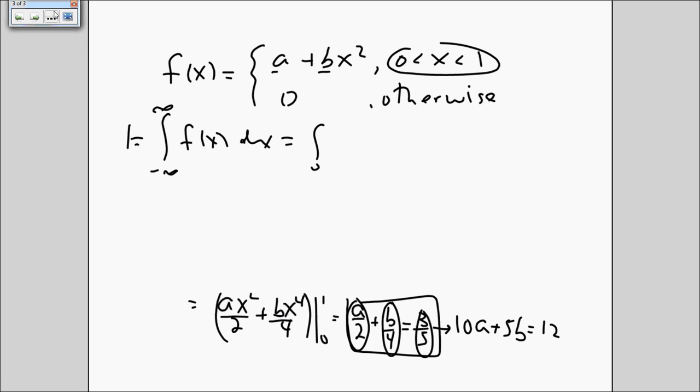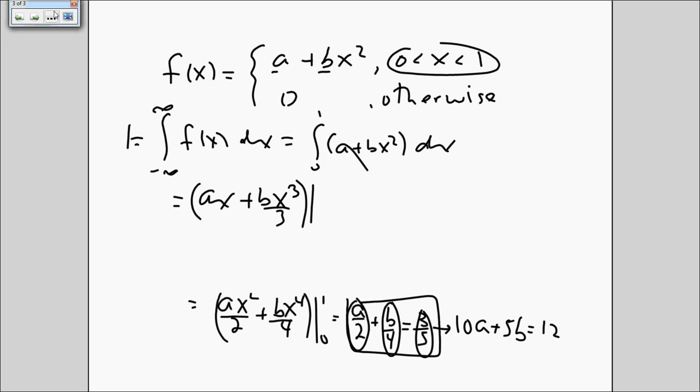The integral from 0 to 1 of a plus bx squared dx, and its antiderivative is ax plus bx cubed over 3.